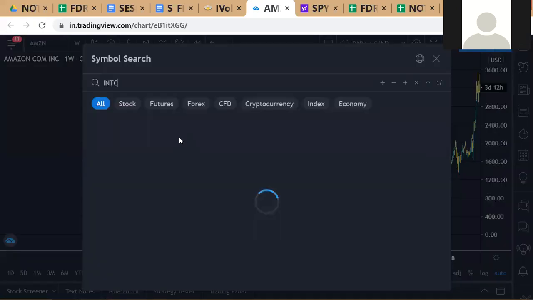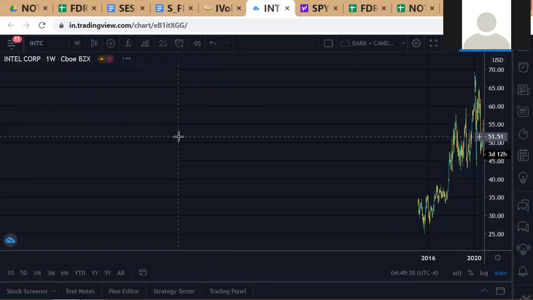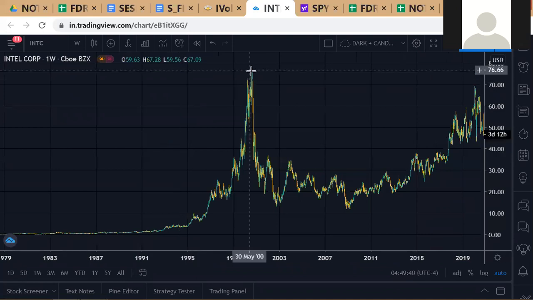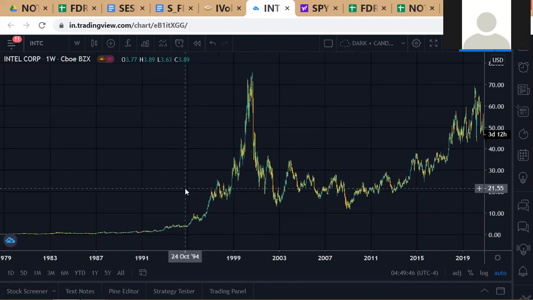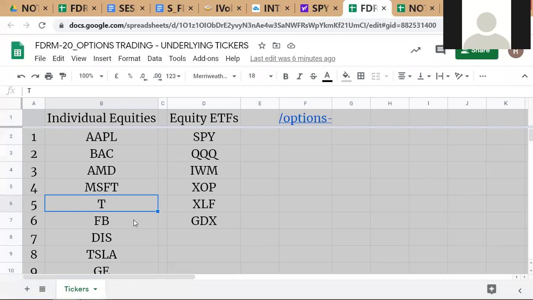So I just wanted to show you that Intel is not doing too well because it's still below the 2000 top. So anyway, you have to start forming views on this. You have to look at each of your individual tickers and get into the habit, get ready for your project. Some of the learning I am going to give you as we go along, like vols and all that.